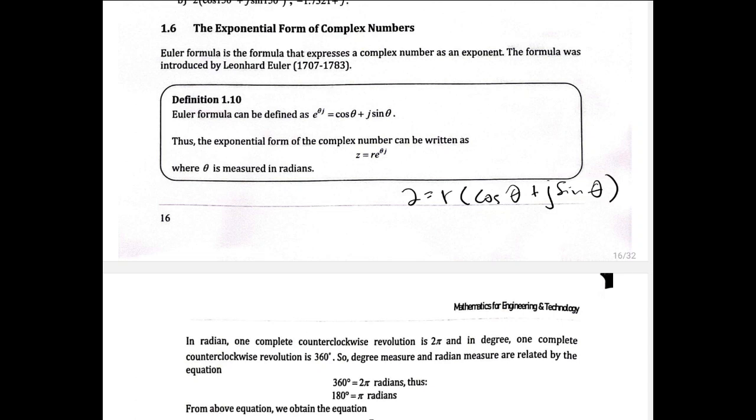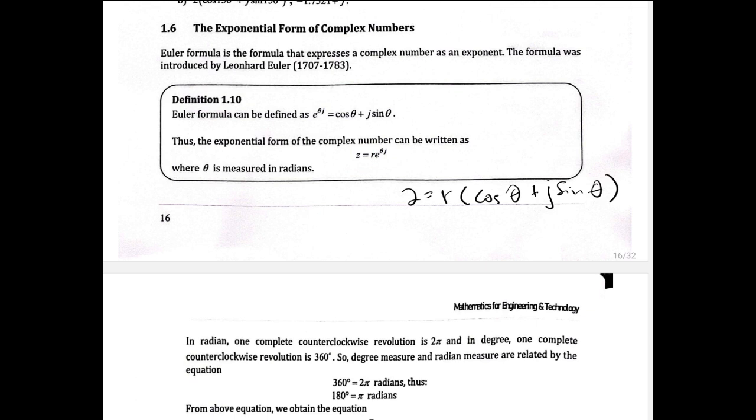So, using this idea, instead of writing the whole thing, we can now write it as simple as z equal to r times e to the power of theta j.